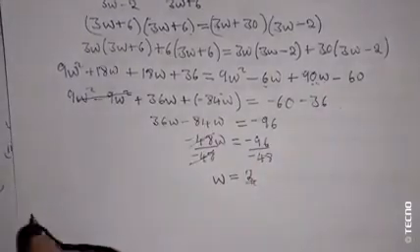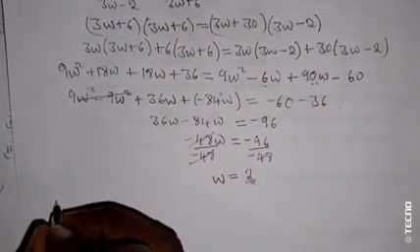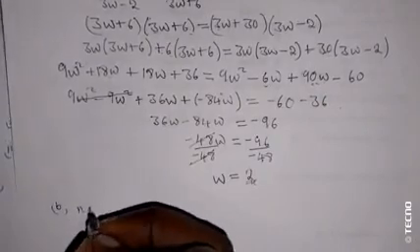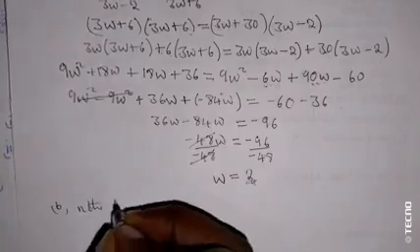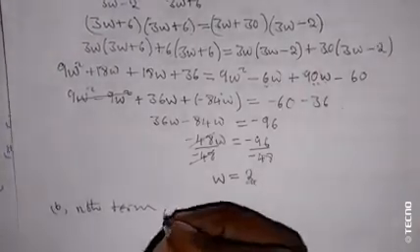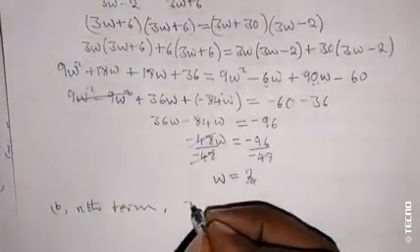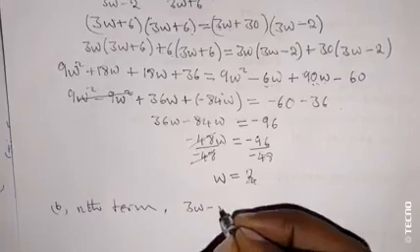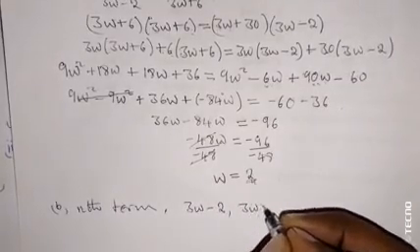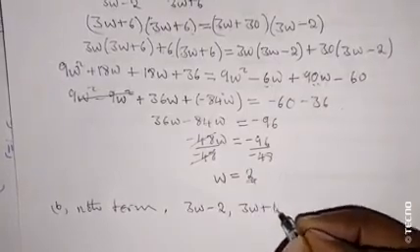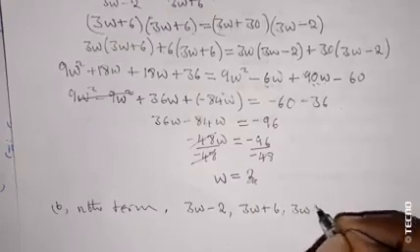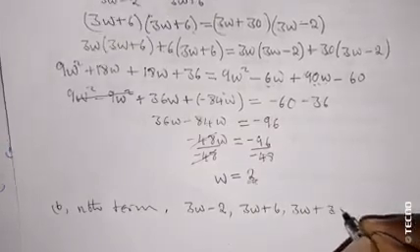The next one is find the nth term, okay. So B, nth term. Here we are calculating the nth term. Remember we have 3W minus 2, then we also have 3W plus 6, and also 3W plus 30.